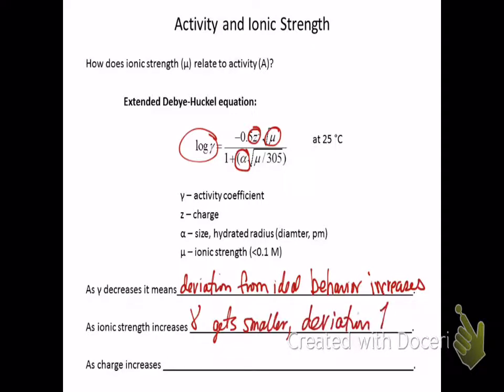We can also see that as ionic strength increases, gamma is going to get smaller, therefore deviation will increase. And as the charge of the ions increases, gamma gets smaller also, and so we'll expect deviation to increase.